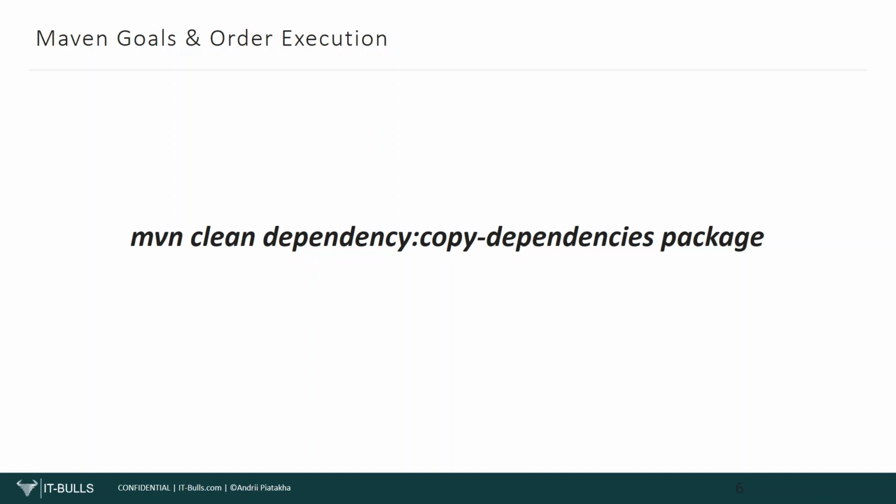If this were to be executed, the clean phase will be executed first, meaning it will run all preceding phases of the clean lifecycle plus the clean phase itself, and then the dependency copy-dependencies goal before finally executing the package phase and all its preceding build phases of the default lifecycle.